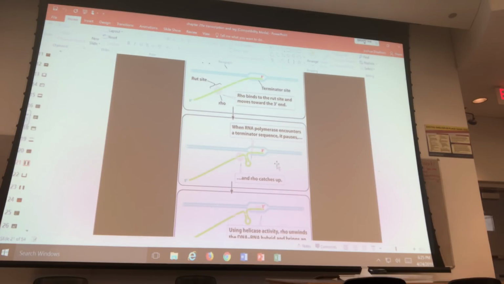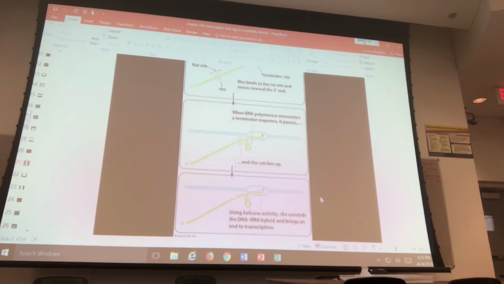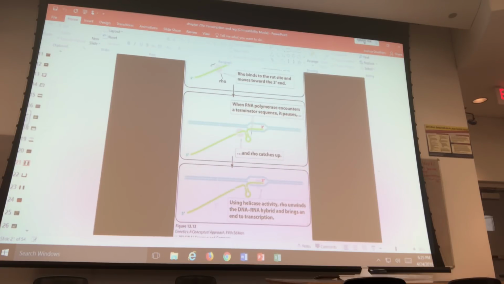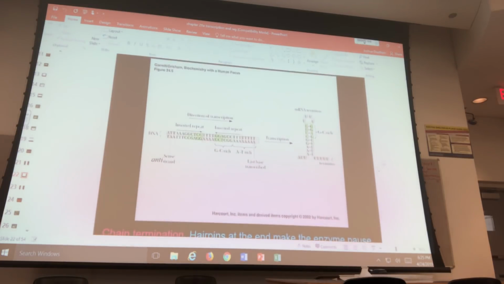Look at this slide and it'll illustrate exactly what's happening. The bottom line is this protein ends transcription by using its helicase activity to unwind everything out of the transcriptional bubble. To contrast this, Rho-independent termination does not use the Rho protein. Instead, it uses the sequences itself to end transcription in prokaryotes.